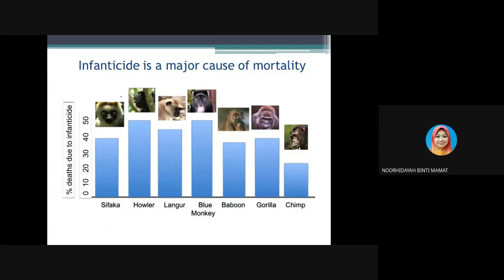As you can see from here, infanticide happens mostly in howler and blue monkeys, and the least infanticide happens in chimp populations.